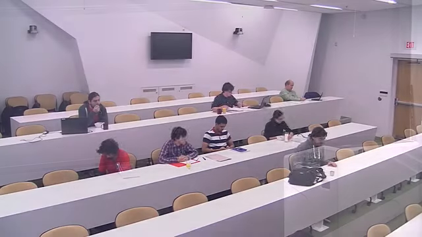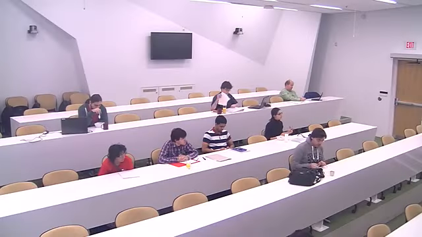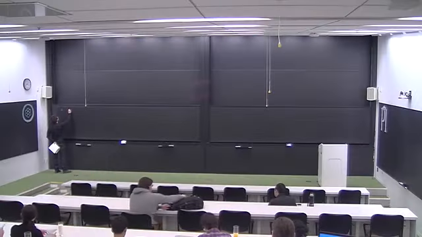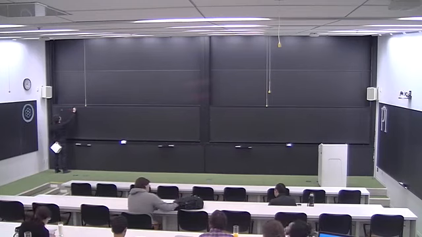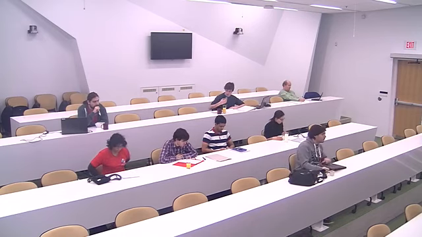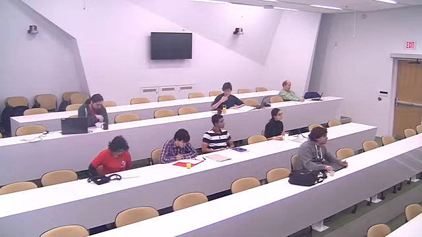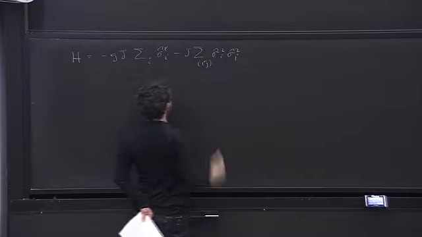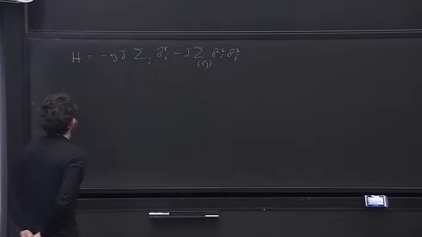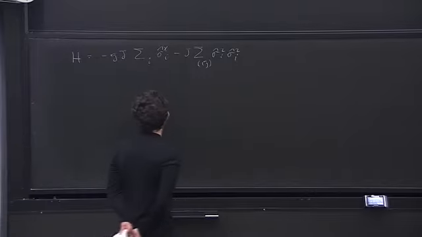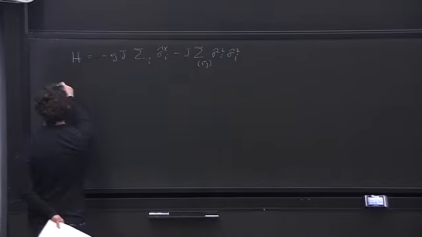So yesterday we started talking about the two different phases of the quantum Ising model, that on any lattice, actually any graph, it has this form. And we have seen that there are two phases.